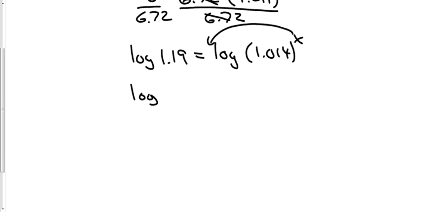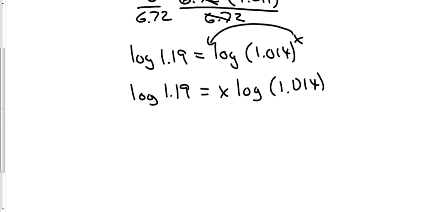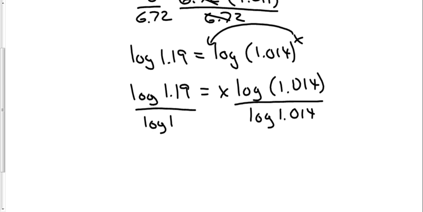So the log of 1.19 equals x log 1.014. Divide both sides by the log of 1.014. And we get an answer from our calculator.